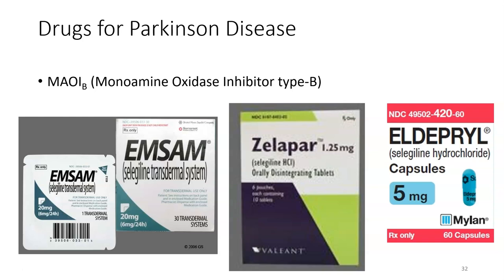It is important to note that there are a lot of interactions with monoamine oxidase inhibitors, because monoamine oxidase, again, is an enzyme. And monoamine oxidase is one of the enzymes that breaks down dopamine. So by blocking it, dopamine doesn't get broken down. There's more available. So again, it's an indirect way of elevating the levels of dopamine.